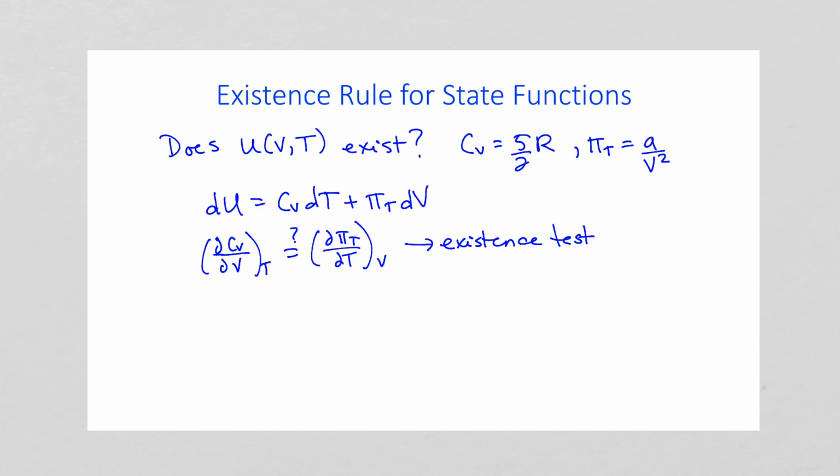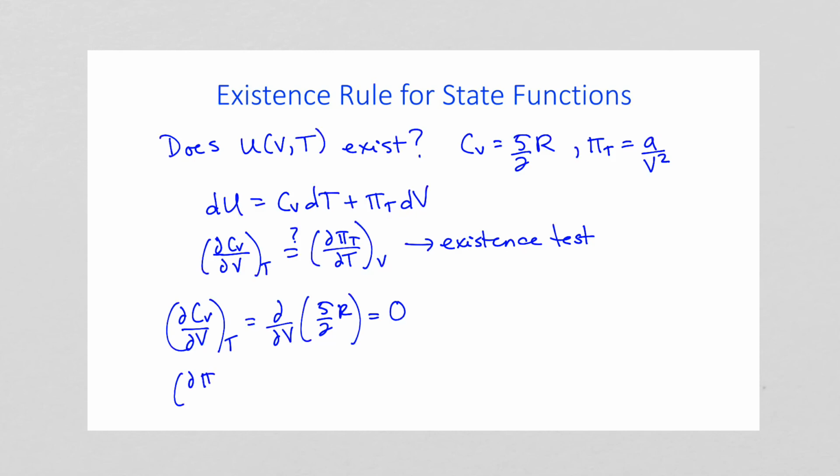Start with this one. The derivative with respect to V of 5/2 R at constant T is just 0. There's no V in there. And then for pi t, same idea.